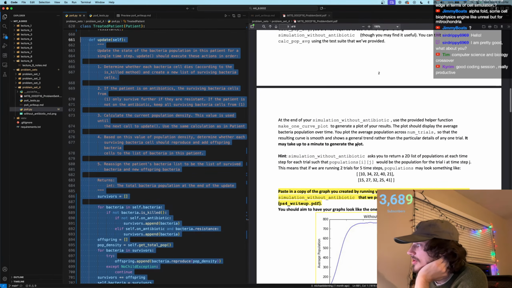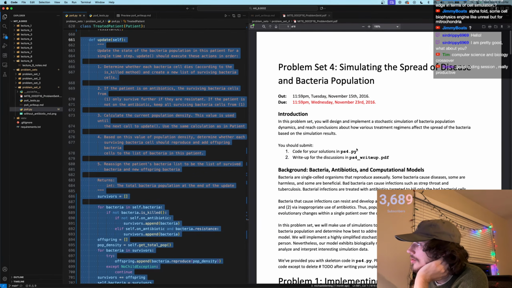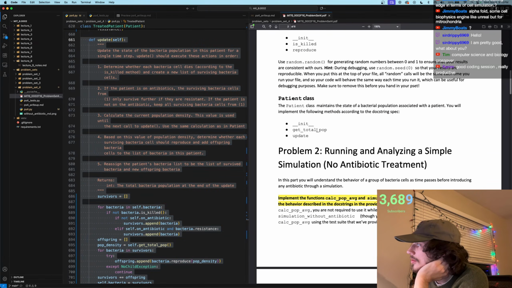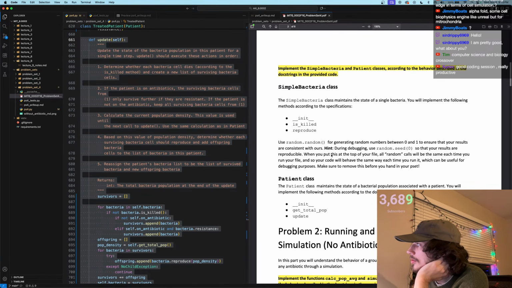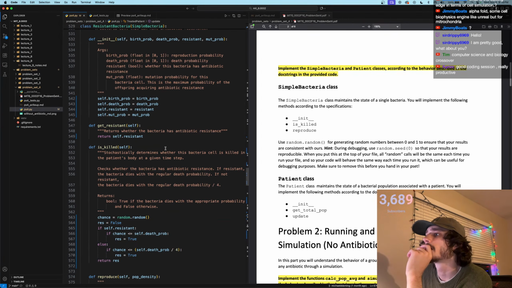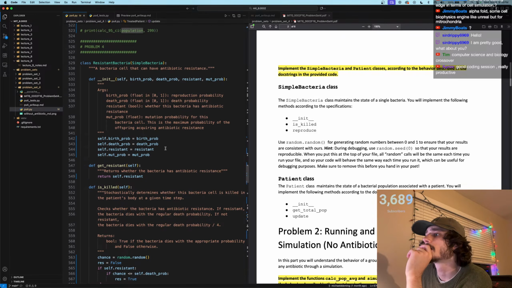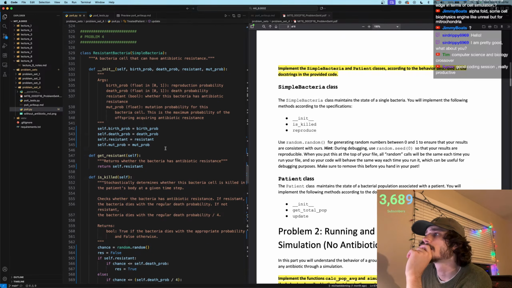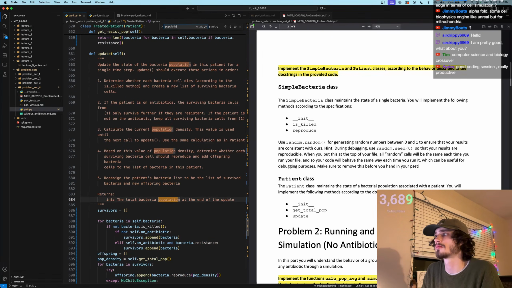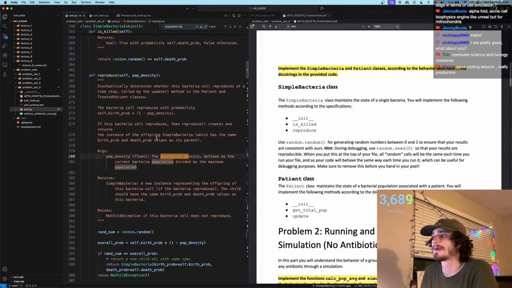Oh, population density is... We might have something wrong in our patient class. Hold on. Current bacteria population divided by the maximum population.